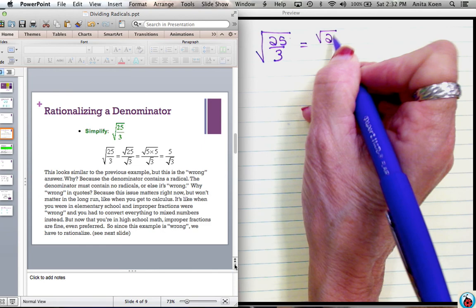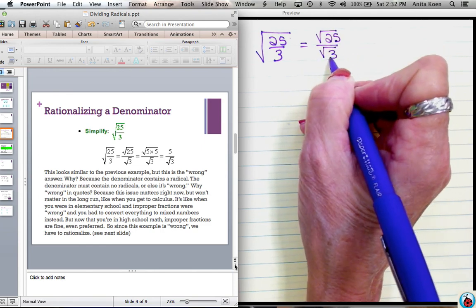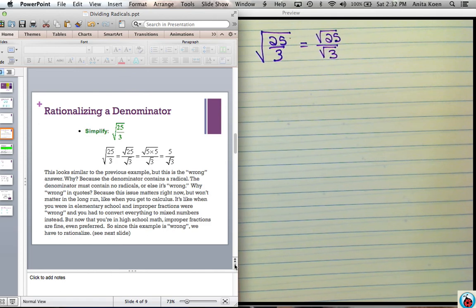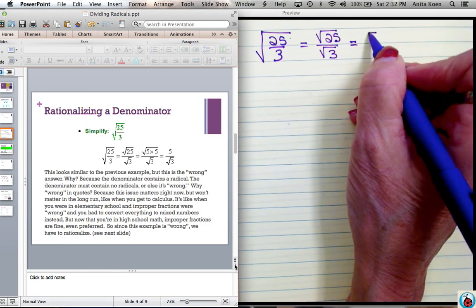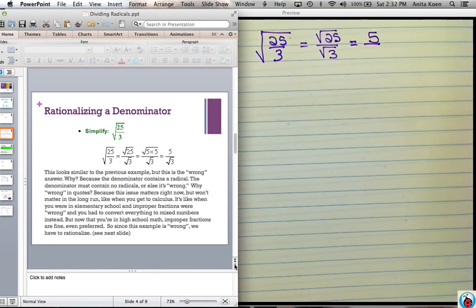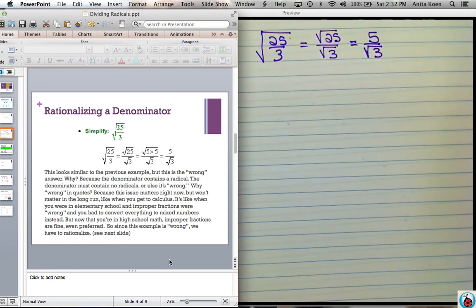Now, the square root of 25 I could simplify, but the square root of 3 I cannot, because it's not a perfect square. I know the square root of 25 is 5 because, like the PowerPoint says right here, it's 5 times 5. And 2 5s under the radical come out as 1 5 on the outside of the radical. But the square root of 3 can't be simplified any further because 3 is prime.